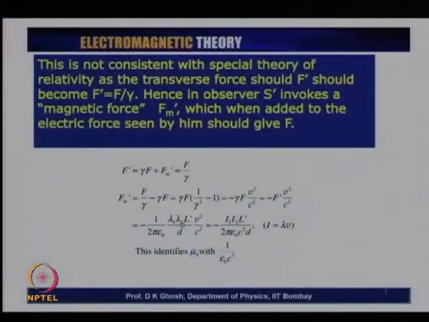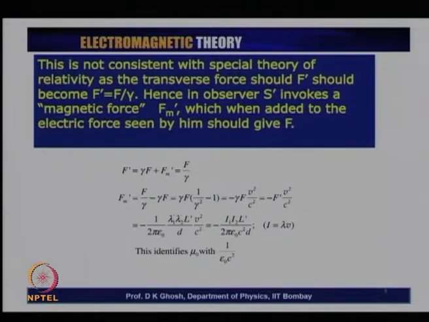Now, however, this is not consistent with the special theory of relativity, because according to the special theory of relativity, the transverse force F prime that is actually there should become F by gamma.